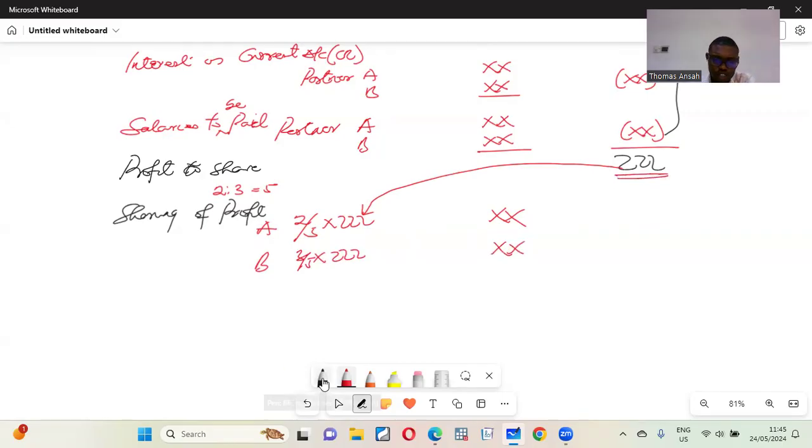But here you need to take note of what we call a guarantee. What is a guarantee? Sometimes one partner guarantees the minimum for the other. So for example, we are both partners. I said, let's go to campus to Dr. Rita.